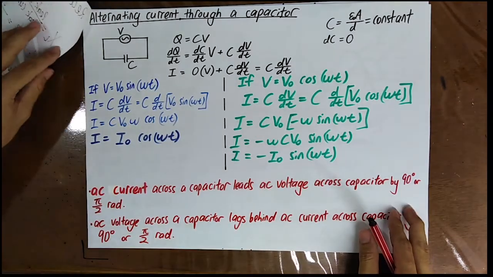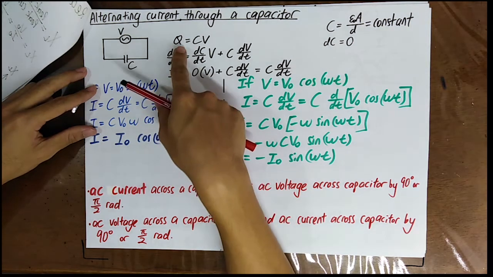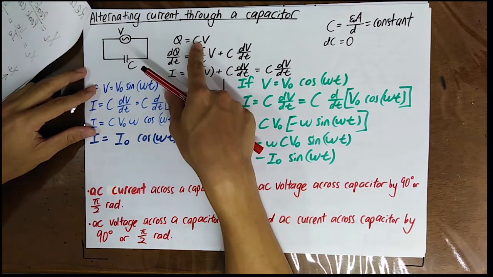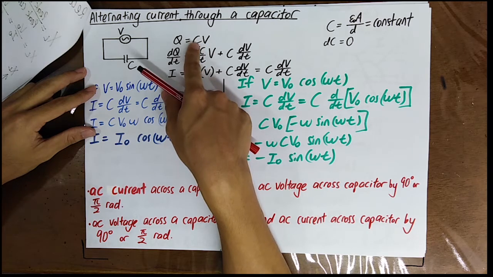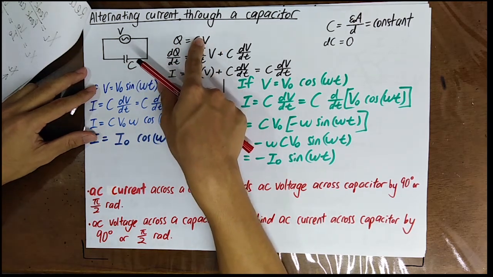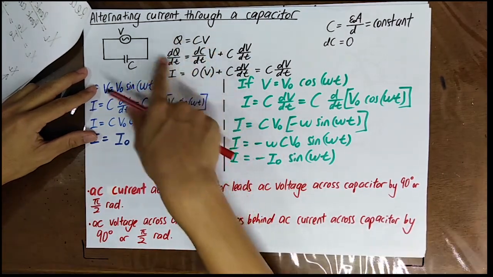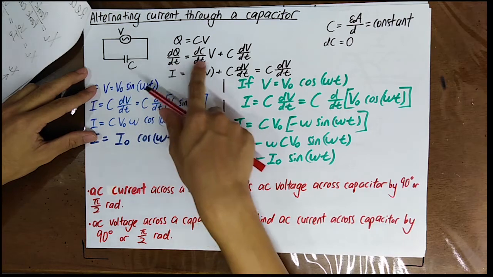Okay, so now let's go to the alternating current through a capacitor. You still remember the formula for the capacitance, which is C equal to Q divided by V? You use this formula. You differentiate it. When you differentiate a function like this, you know you are doing the partial derivative.